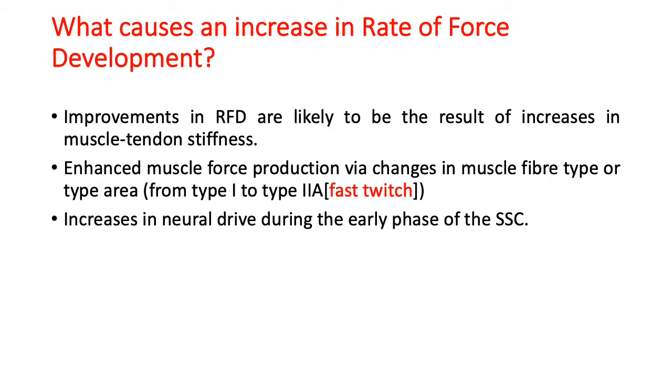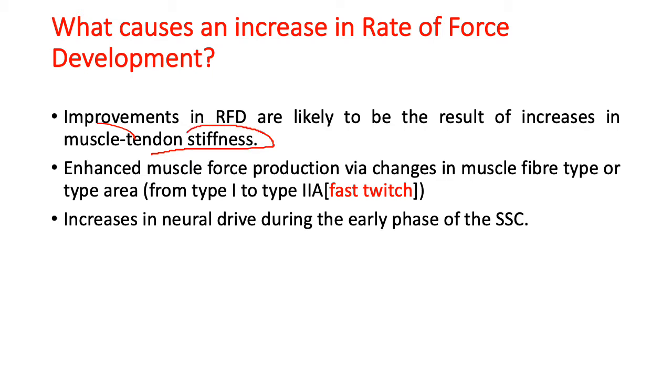Now, what causes an increase in the rate of force development? Up till now we have been talking about how important RFD is. So what are the factors responsible, which will create this property in you? Number one, improvement in RFD is likely to be a result of an increase in muscle tendon stiffness.